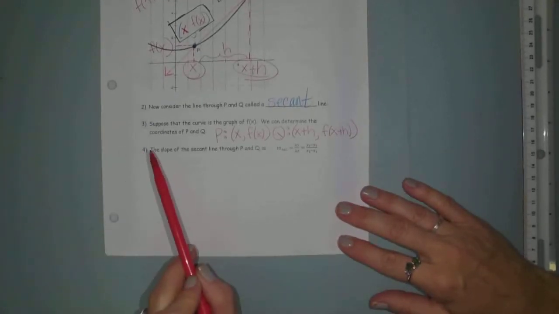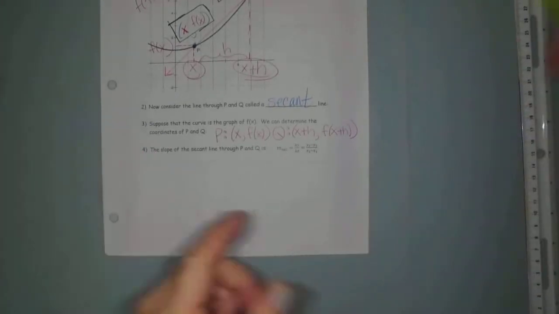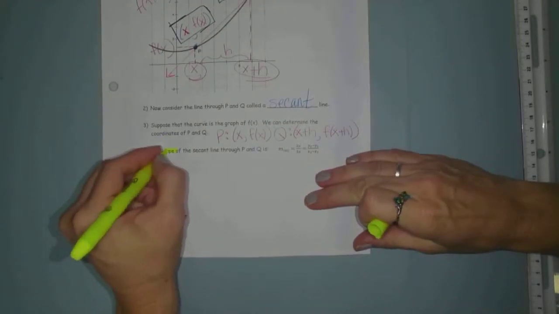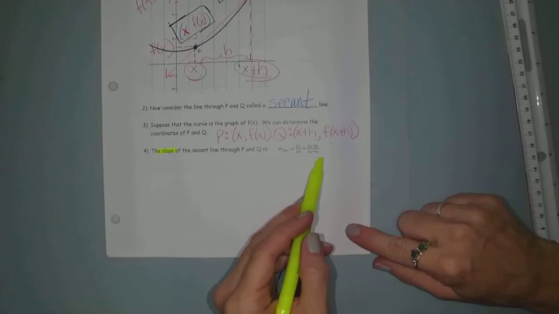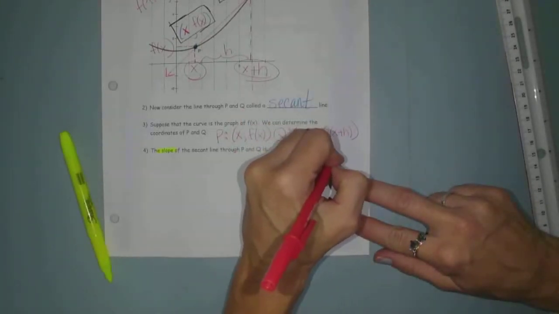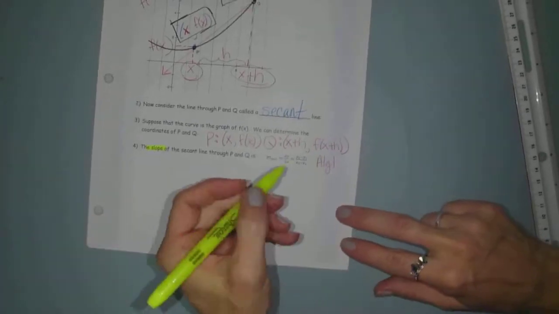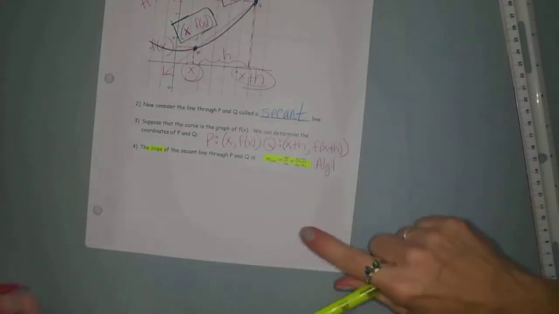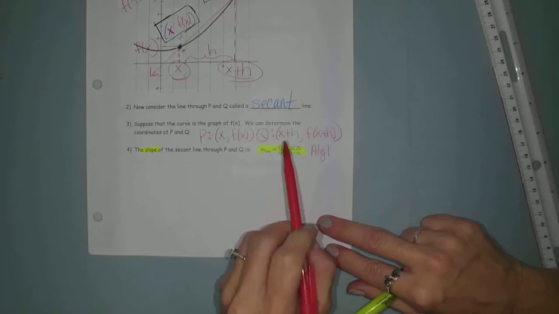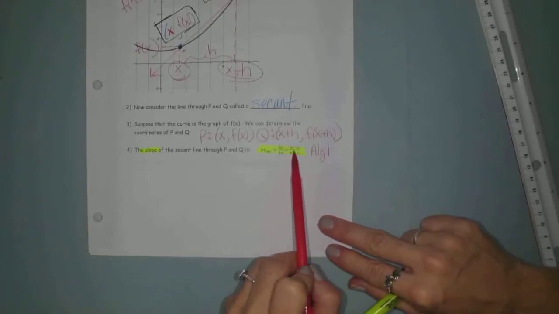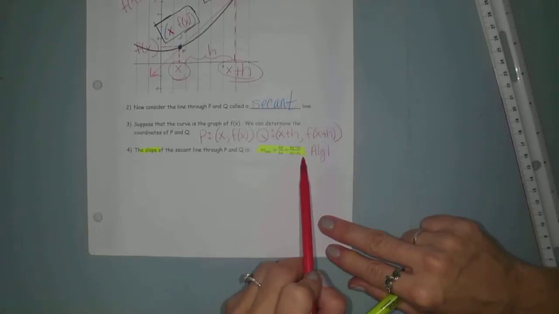Number 4 says the slope, let me highlight this, the slope of the secant line through P and Q is, and look, this is Algebra 1, you guys. This isn't calculus, this is Algebra 1. Remember this formula from Alg 1? It says that the slope of a line, in this case the slope of my secant line up here, this guy right here, is just the change in y over the change in x, or better known as y sub 2 minus y sub 1 over x sub 2 minus x sub 1.